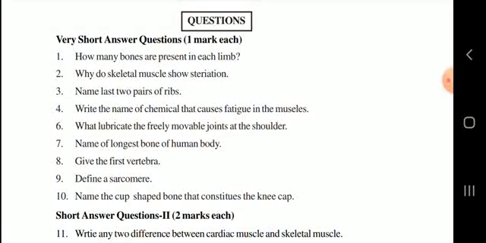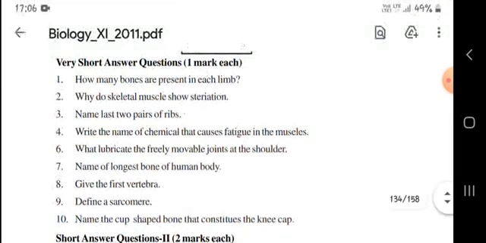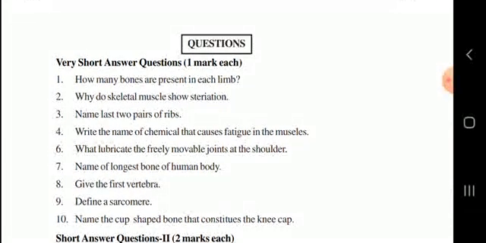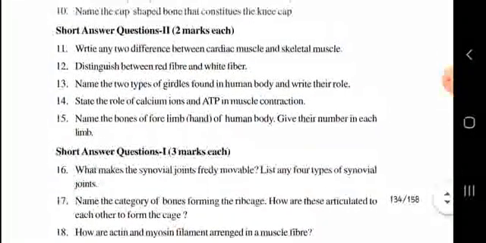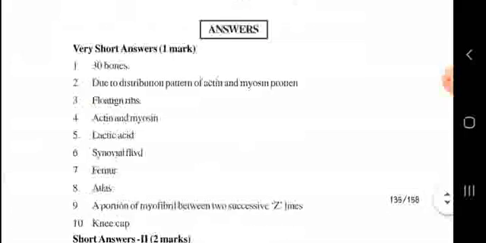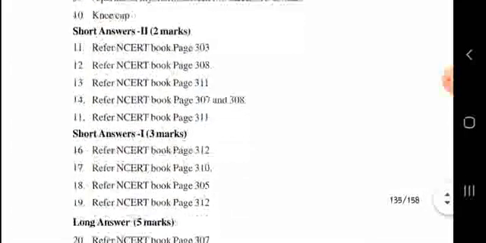You learned that is actin and myosin. Next, here you can see some questions. So answer these questions, and if you want, you can try to answer this question. So here you will get the answer.